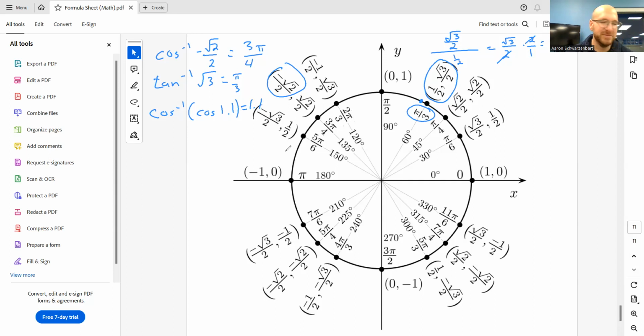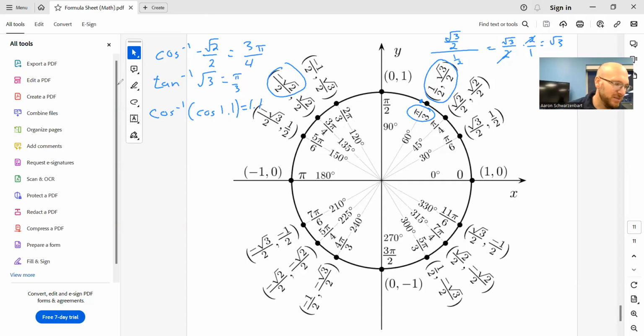Describing end behavior. The sine and the cosine don't go to infinity, so they have no end behavior for the inverses. However, the inverse tangent, which looked like this, pi over 2 for that y, negative pi over 2 for this y.